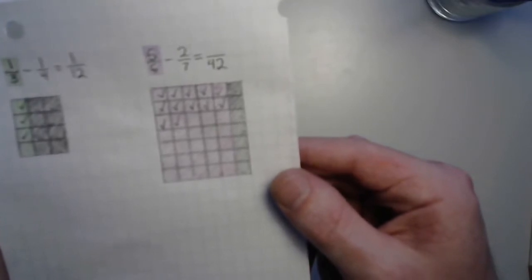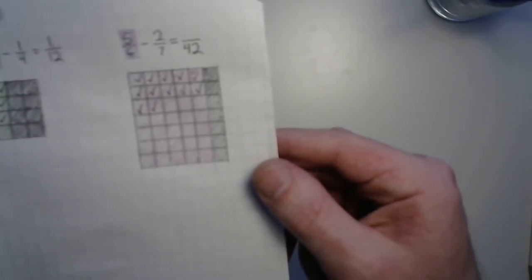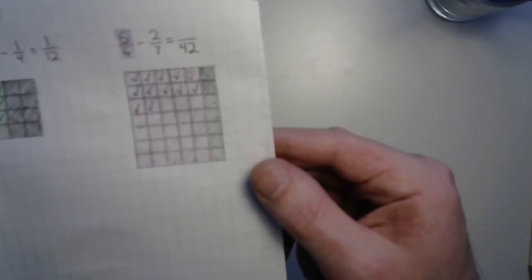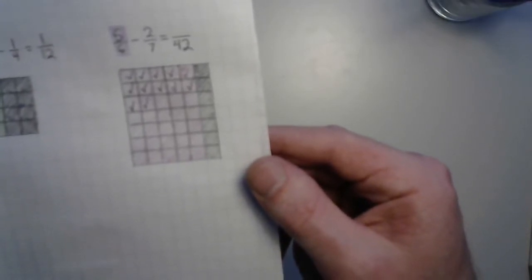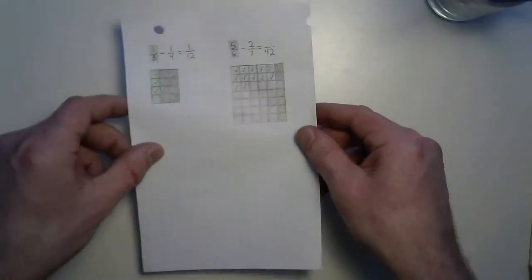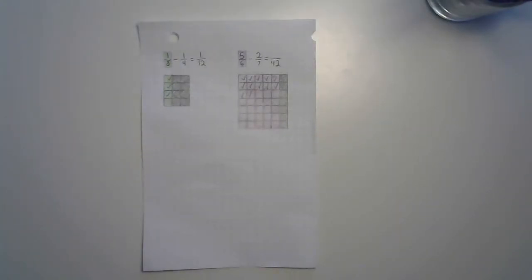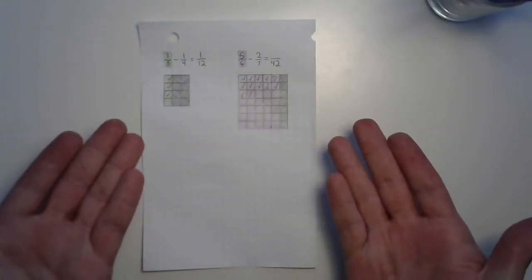I'm much happier now. How many spots are left over from where we checked off? 23.